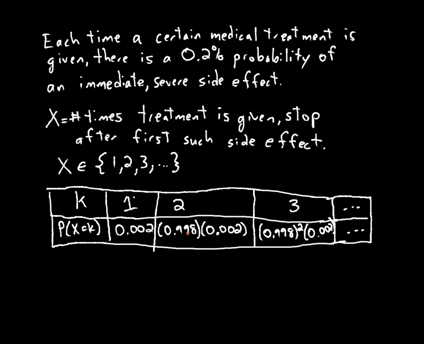Okay, and by this point we see a pattern. There's a 0.998 and the power is increasing. And we see why it's increasing by 1. That's the probability that the first k-1 trials do not show a side effect.